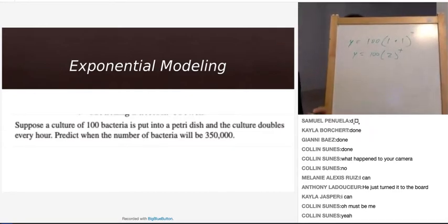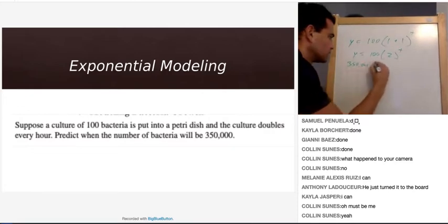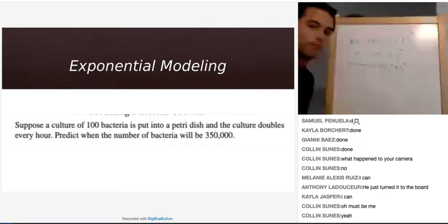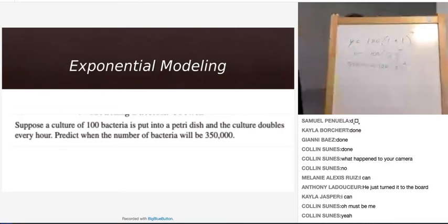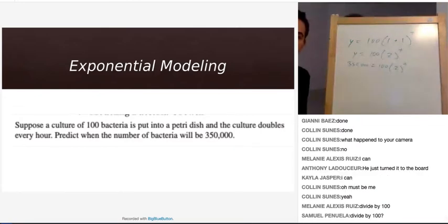All right, so we're putting in 350,000 right here. And no parentheses there. Equals 100 times 2 to the t power. All right, so you can go to your calculator right now if you want. Again, we talked about this morning. You can make this a little simpler. What could you do to both sides here? Anybody out there? Yep, we're going to divide by 100.